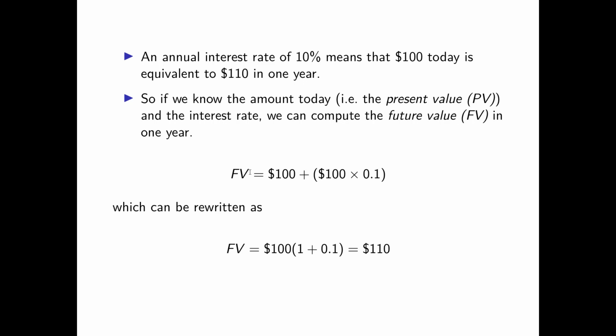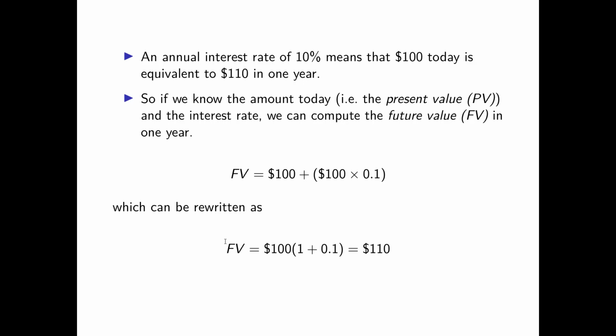So this is the amount today, $100, and in order to know the future value, FV, in 1 year, to that present value, we add the interest, which is the original amount times the interest rate, so 100 times 0.1. Alright, so let's try to write it in a more condensed form.